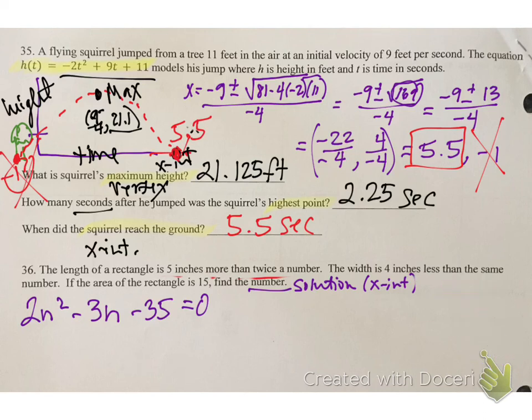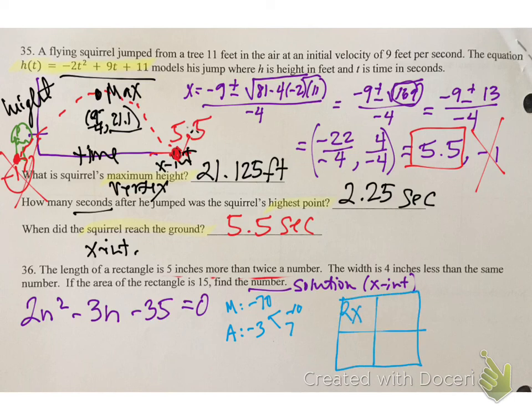I need two numbers that multiply together to get a negative 70, and add to get a negative 3. So those two numbers could be a negative 10 and a positive 7. So I'm going to draw my box. 2x squared, or 2n squared, I guess. Negative 35. Negative 10n.